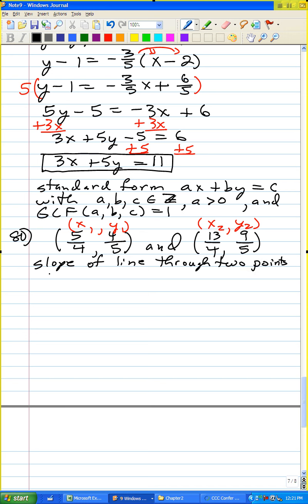And so the slope is just y2 minus y1 over x2 minus x1. And so, oh, this is going to have to be huge.